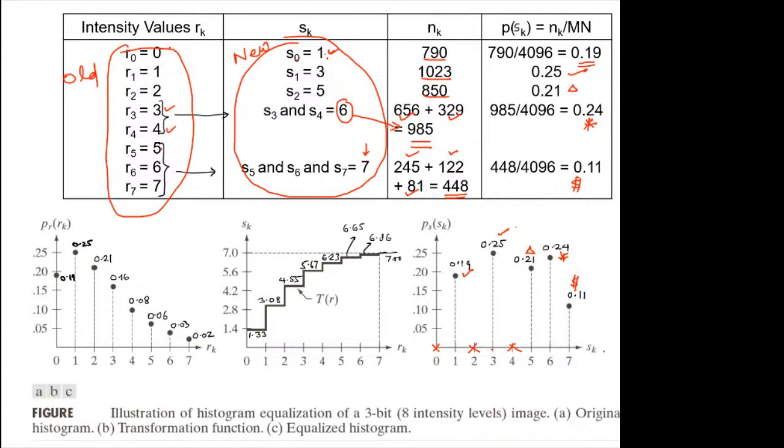पहले 8 levels थे, now only 5 levels are there in the new image. 3 levels पे there is no pixel. तो this was the old one, ये पुराना histogram है corresponding to this. New histogram is corresponding to this. अब तुम देखो इस histogram को, this is almost uniform distribution.